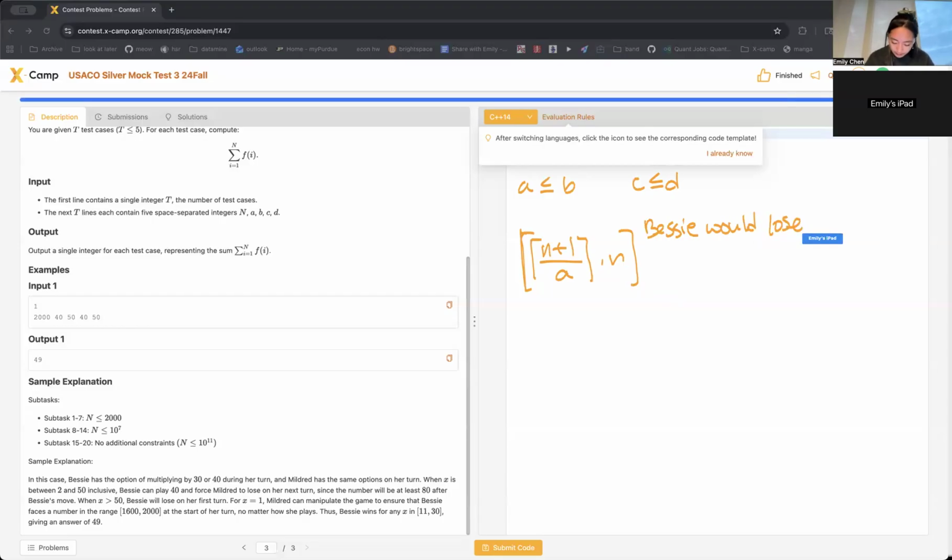And anywhere between (n plus 1) over C and n, Mildred would lose. This motivates that the dp that was defined earlier is constant for many intervals, like the ones that I defined over here, which leads to the following solution.